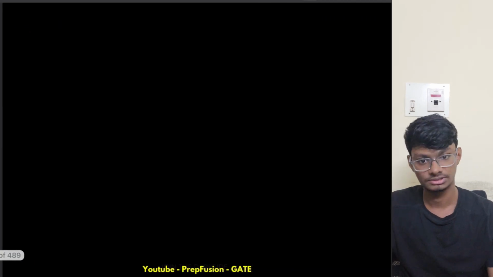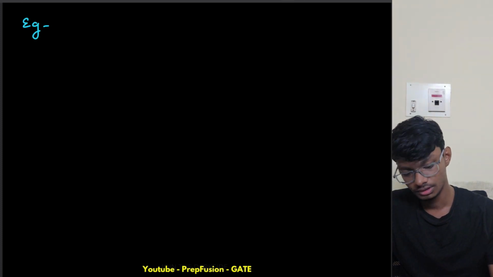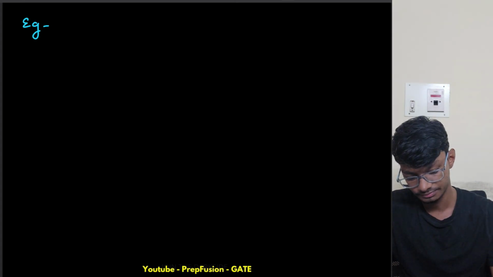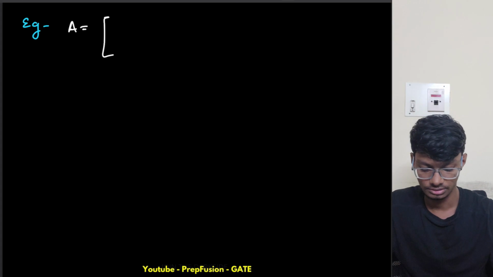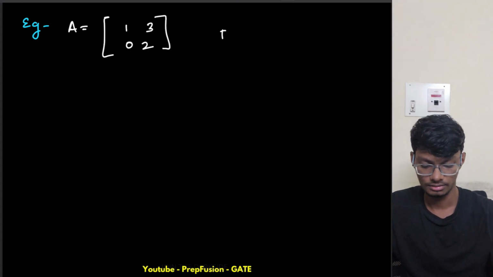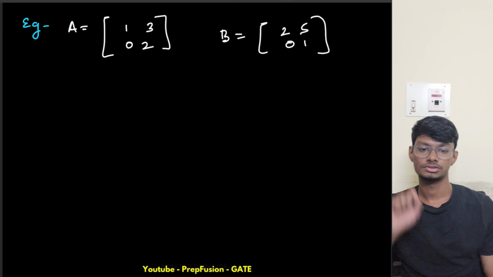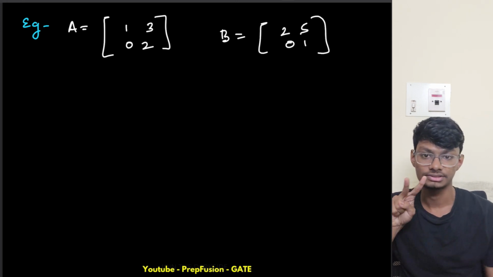So let's take a few examples. Let me name two matrices. This is A: 1 3 and 0 2, and B: 2 5 0 1. Now tell me, are these matrices similar or not?